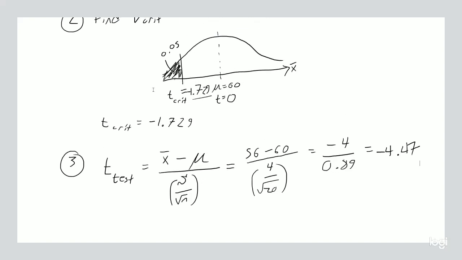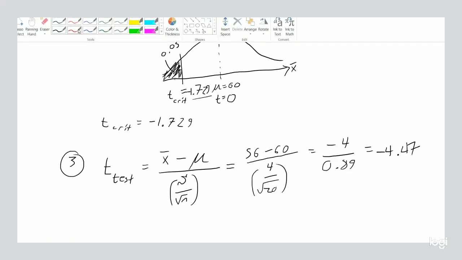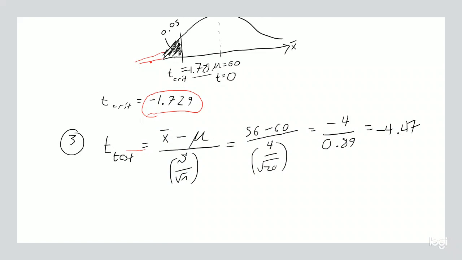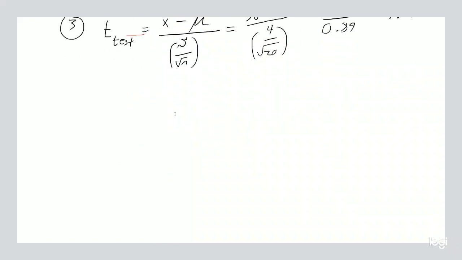So negative 4.47 is very far into that rejection region, right? It's much smaller than negative 1.729. So we do reject our null hypothesis, and this is our step 4.